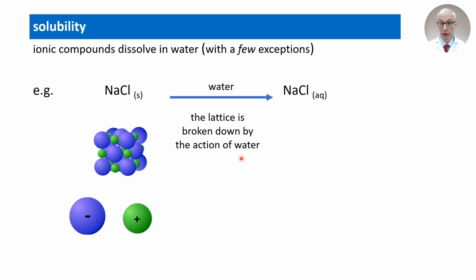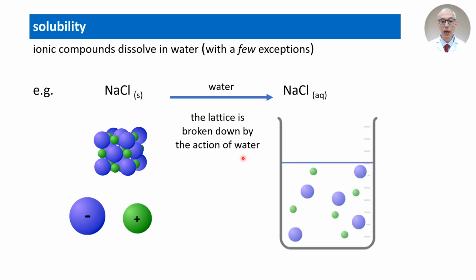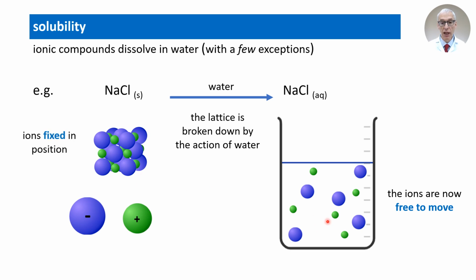An explanation for that would come if you study A-level chemistry. We result in ions that are dissociated. They're spread out amongst the water molecules in a solution, so the ions are now free to move. In the ionic lattice, the solid lattice, they are held in position. In solution, the ions are free to move.